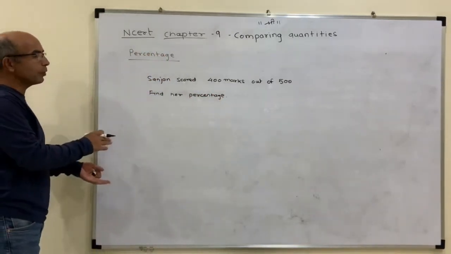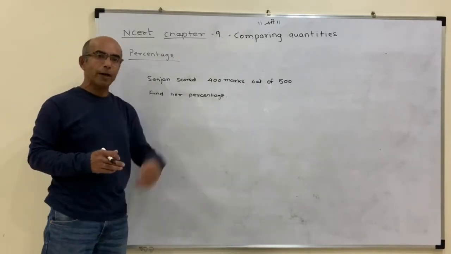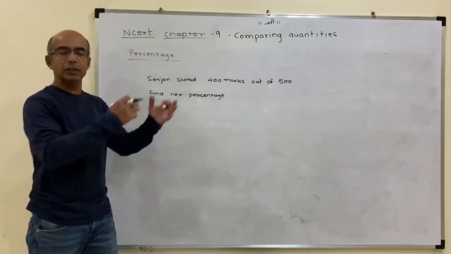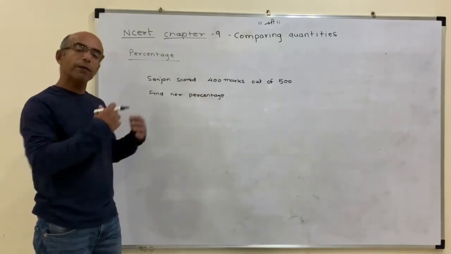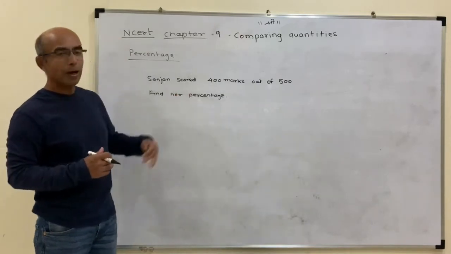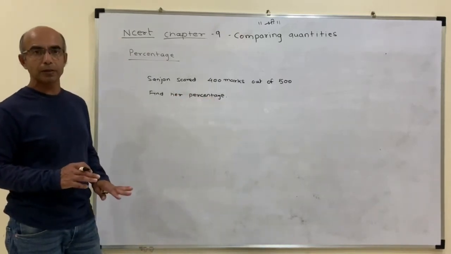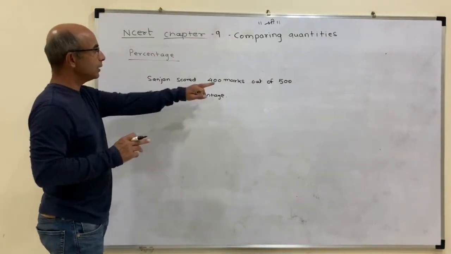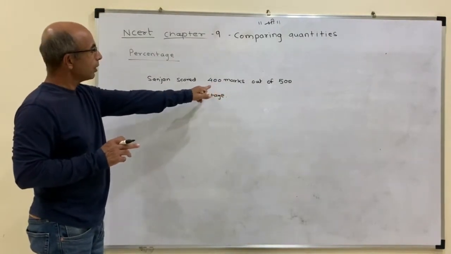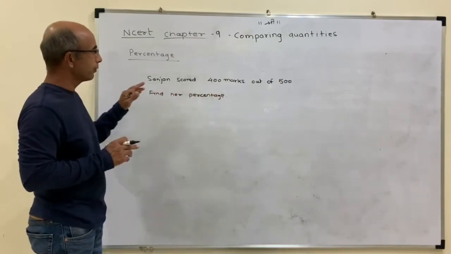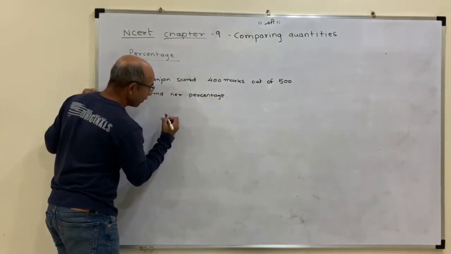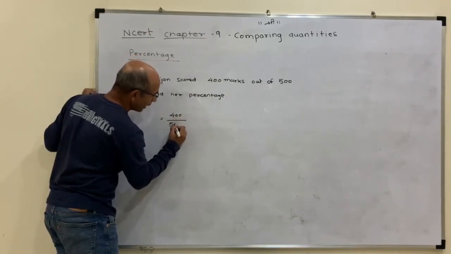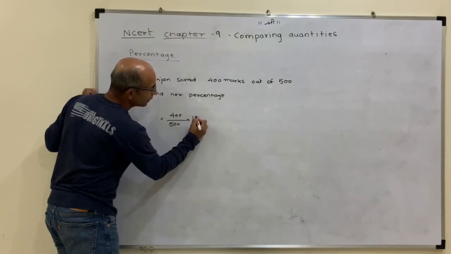In the previous examples, what we did was find the percentage of a value. We found 20% of 100, we found 60% of some number, we found 25% of 1. Now the value we already know, we need to find the percent. So 400 marks she scored out of 500, and then you simply multiply by 100.